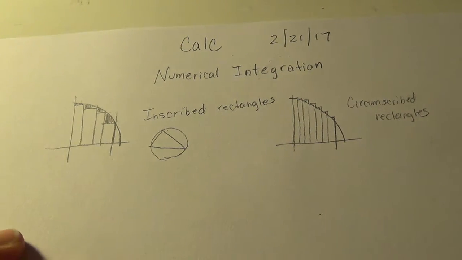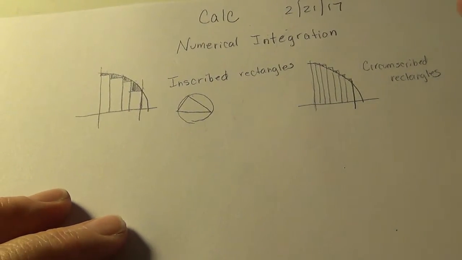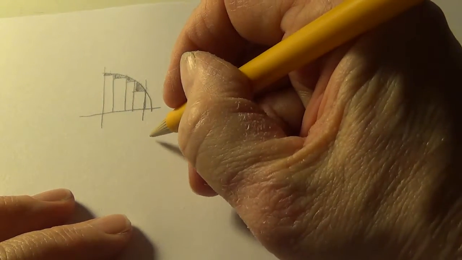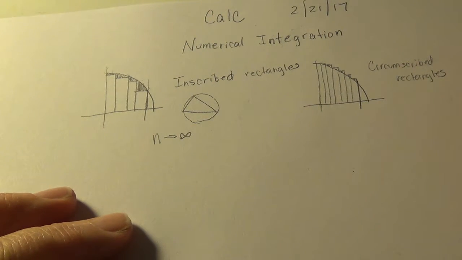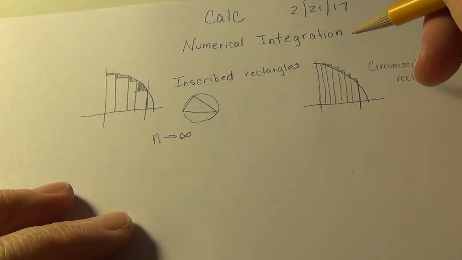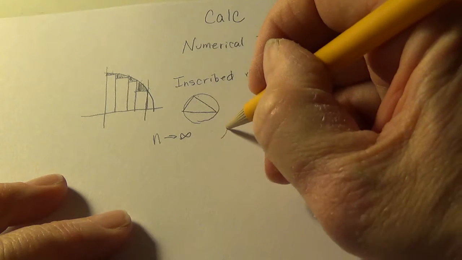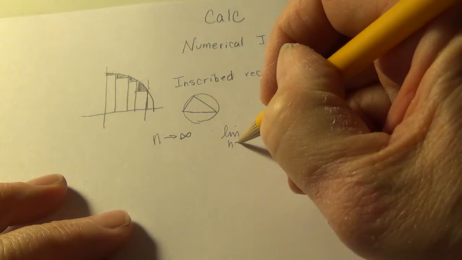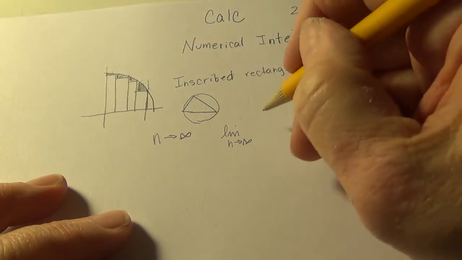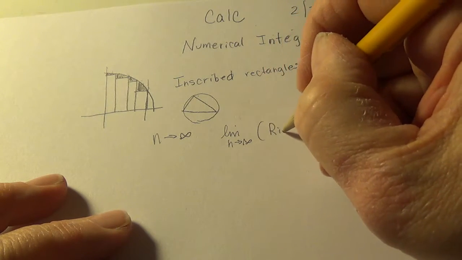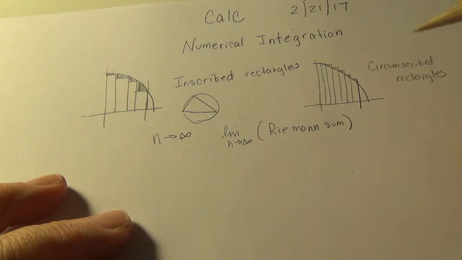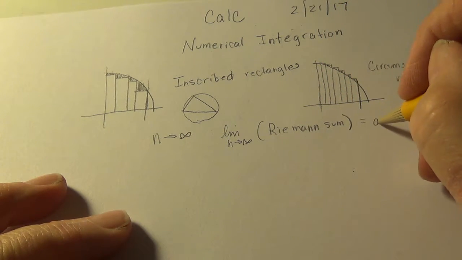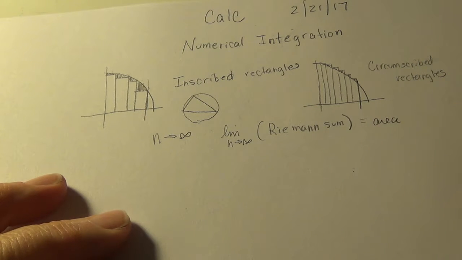So the point being is, what happens if n goes to infinity? The number of rectangles becomes infinite. Then we would have the limit as n approaches infinity of some Riemann sum, and that would be the exact area under the curve.